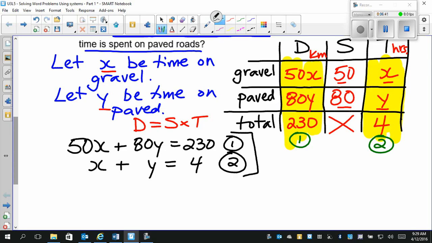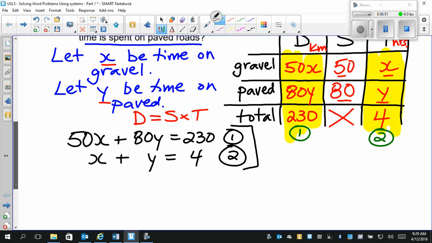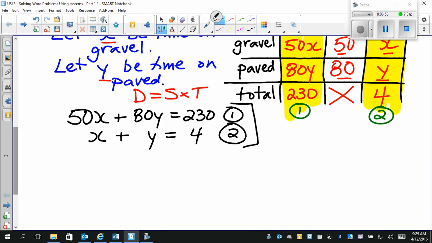So if I get those two equations, I could use substitution or elimination. So if I want to use elimination here, I might multiply equation 2 times 50 so that I create 50s in front of the x's.